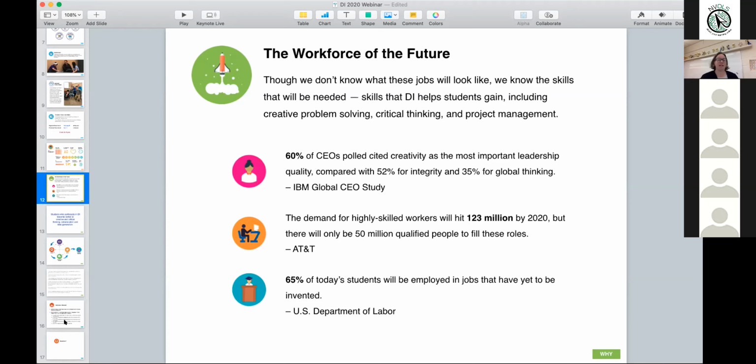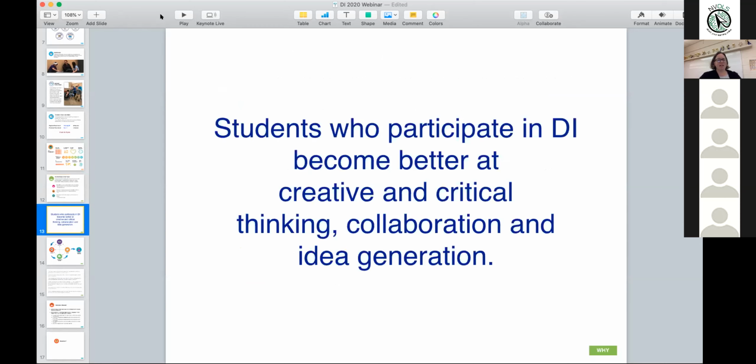IBM, AT&T, the US Department of Labor have all provided money and or guest speakers and things like that to Destination Imagination in the past. And it really is about that creative, critical thought that students need to be problem solvers going into the future. And they did some research in the last couple of years where in 2011, researchers from the University of Virginia actually did an independent evaluation of Destination Imagination.